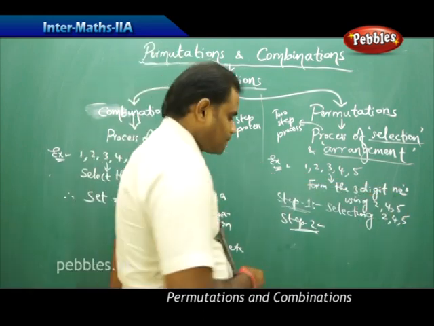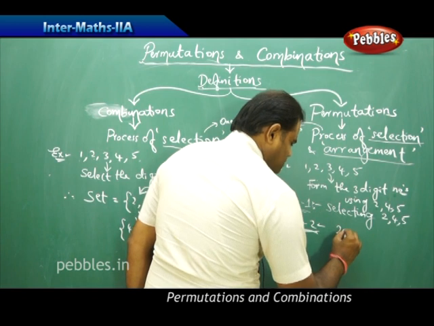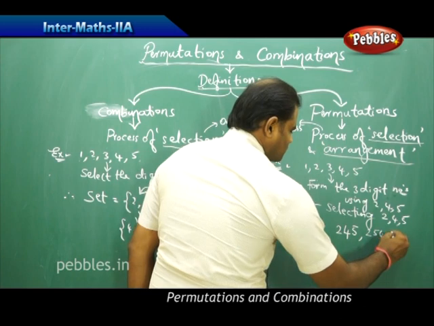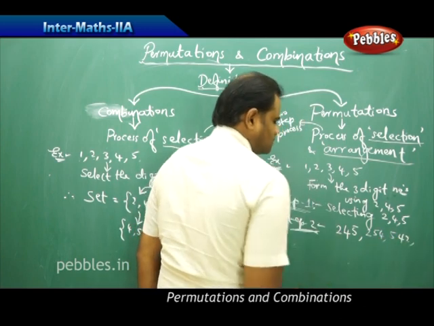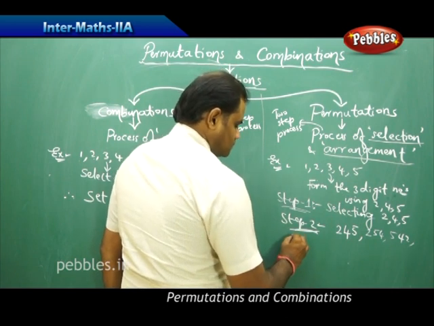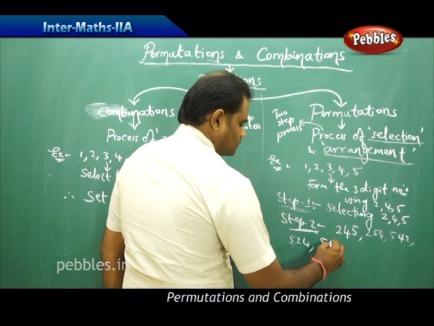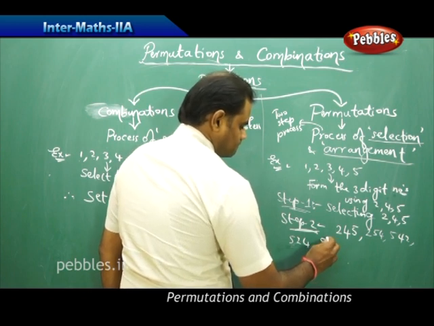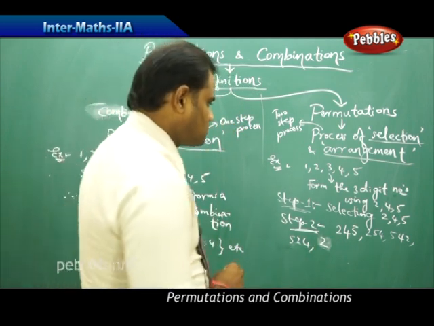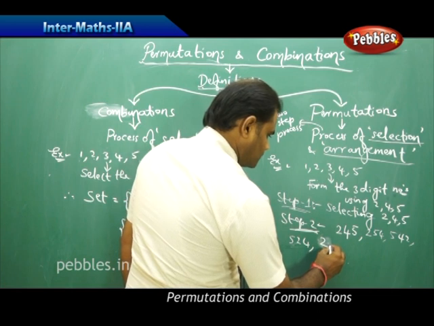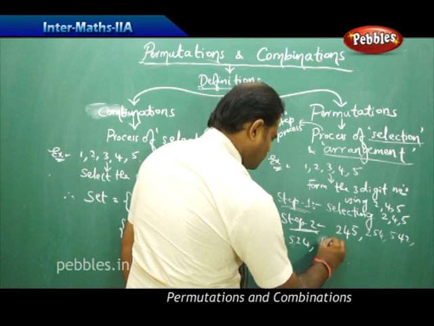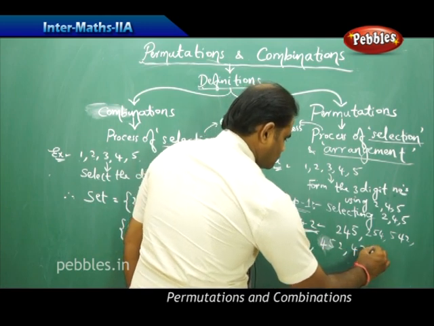So the possible 3-digit numbers which I can form are 2, 4, 5; 2, 5, 4; 5, 4, 2; 5, 2, 4; and then the other possibility is starting with 4: 4, 5, 2 and 4, 2, 5.